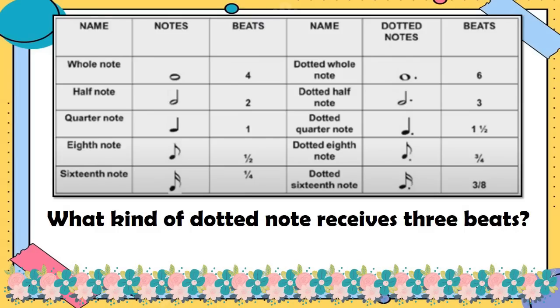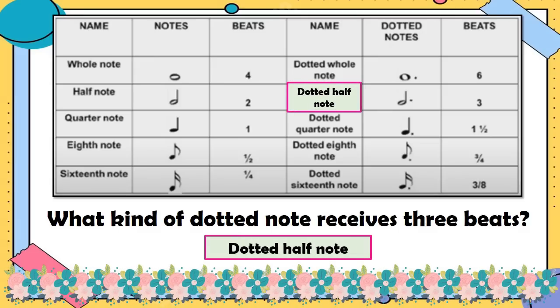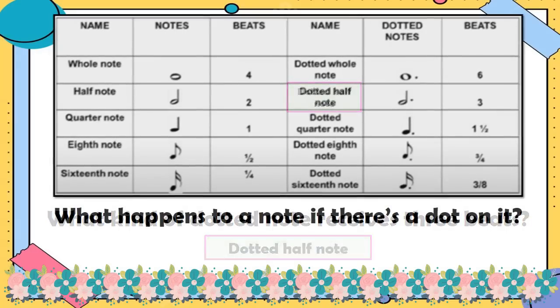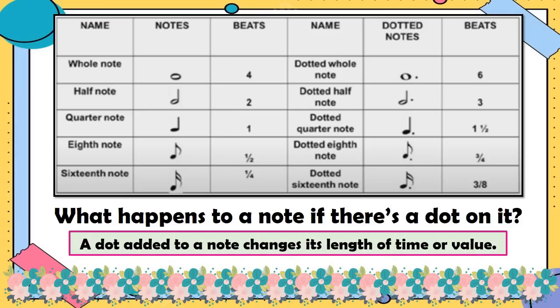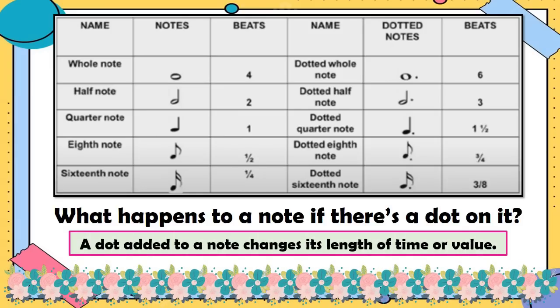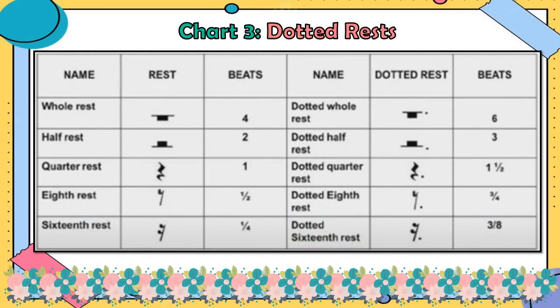Look at the chart. Yes, the kind of dotted note that receives 3 beats is dotted half note. Next, what happens to a note if there's a dot on it? Correct. A dot added to a note changes its length of time or value. It gives long duration.